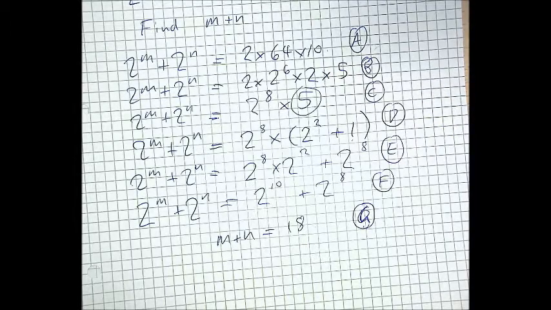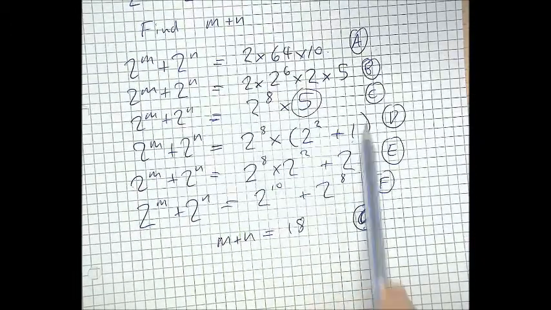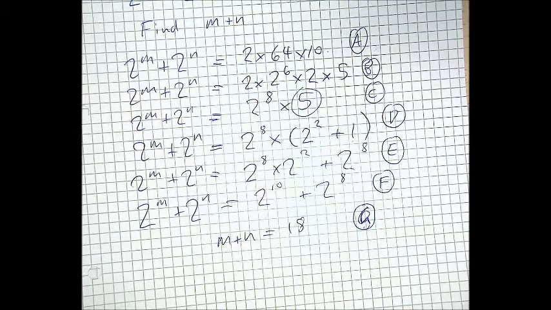Iman? I don't understand how you got from D to E. I expanded the bracket. That times that is this, that times that is this. Oh, okay. You good? Yeah. Everyone happy with how I got from E to F? I just added the powers. You've done that loads. Fu Sue? When you times 2 to the power of 8 by 2 to the power of 2, wouldn't that have been 2 to the power of 10, because you add the powers?